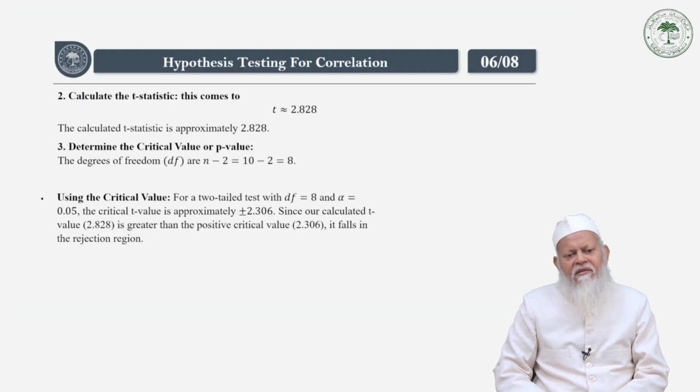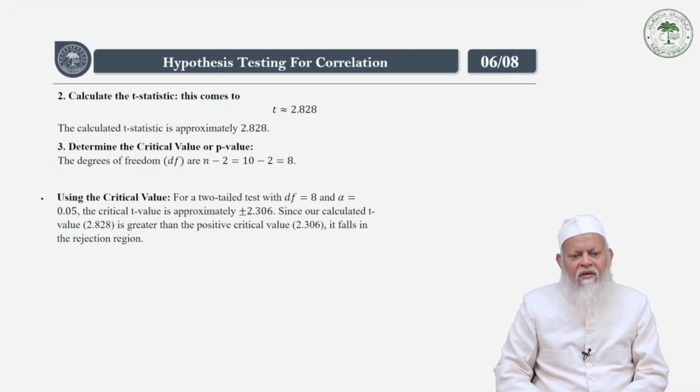Then determine the critical value for the p value. We go to the book. The degrees of freedom is n minus 2, that is 10 minus 2, which is equal to 8. Here n is 10, and there are two variables, so n minus 2, 10 minus 2, is equal to 8. So we have the degrees of freedom and we have the alpha 0.05.